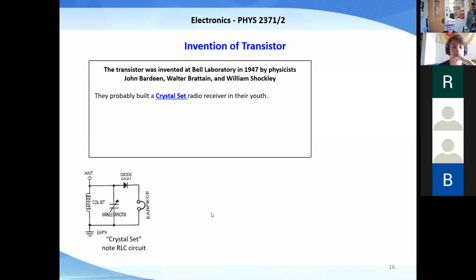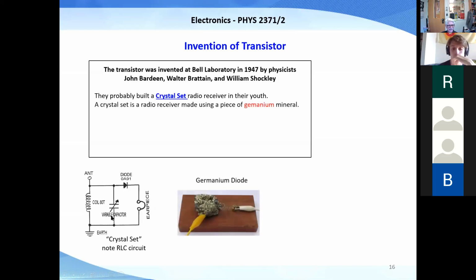A crystal set. What is a crystal set? Here's a piece of germanium, and if you put pressure on it, you can make a p-n junction. So here's a coil and here's a capacitor. Where have we seen this before? Right? It's an LRC circuit. It has a resonance.